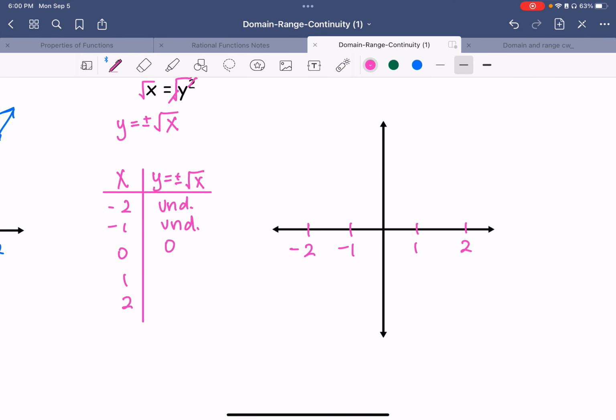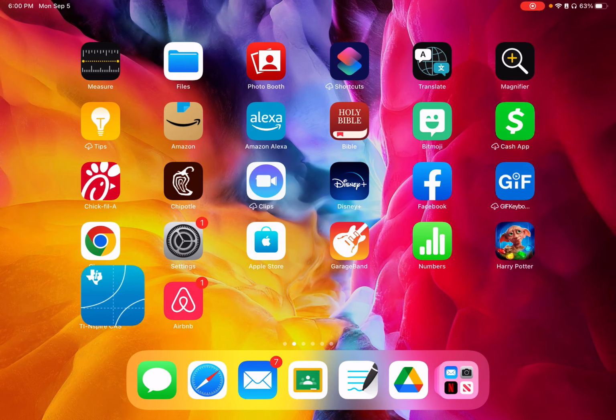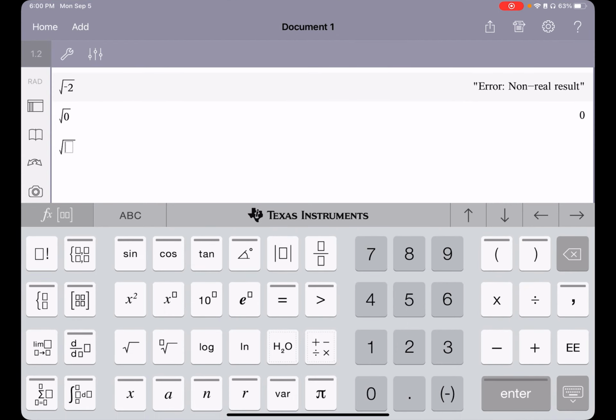The square root of 1 is 1, but we do have this plus or minus. I didn't add the plus or minus to the 0 because 0 doesn't have a sign because it's in the center. But 1, I will do the plus or minus 1, and then plus or minus the square root of 2, which we can approximate to a decimal. So again, the square root of 1 is 1. You can see that there.